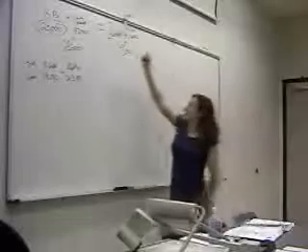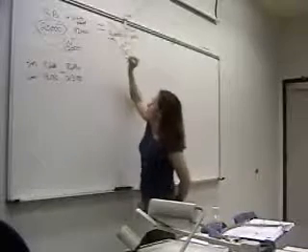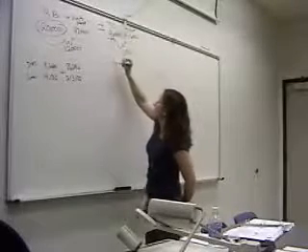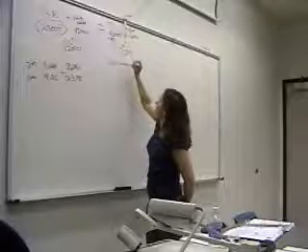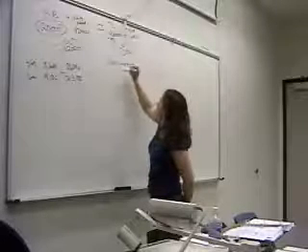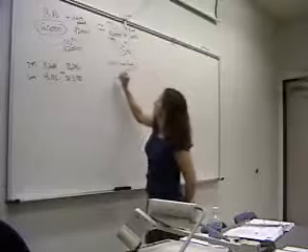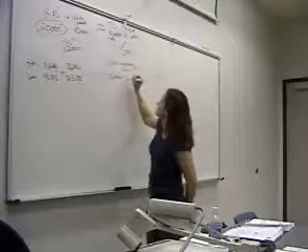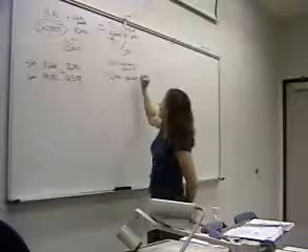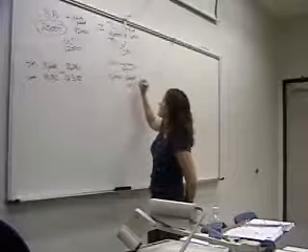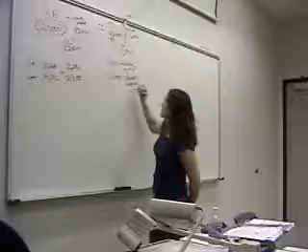So of this 96,000, 20,000 come from beginning WIP, 76,000 were started and completed in June.